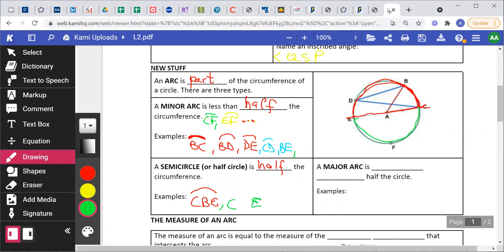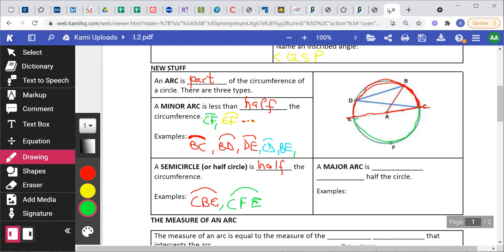Since F belongs to that arc, I'm going to put F here to show that this is the one I'm talking about, because both the red and the green start at C and end at E. But the difference is that B is included in the red and F is included in the one below. So as a mathematician, when I see this, I know which one we're talking about, okay? But if there's no B and F in between, I'll be confused.